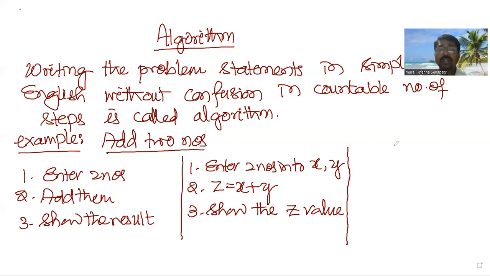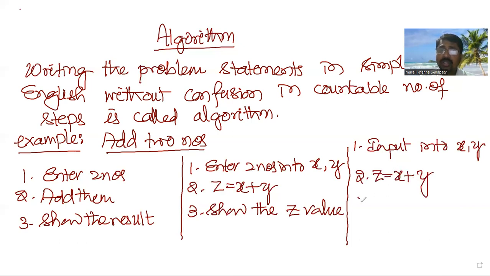Third way of writing, let us say I write the first line: input into x comma y. Second line: z equal to x plus y. And third line: print z value.